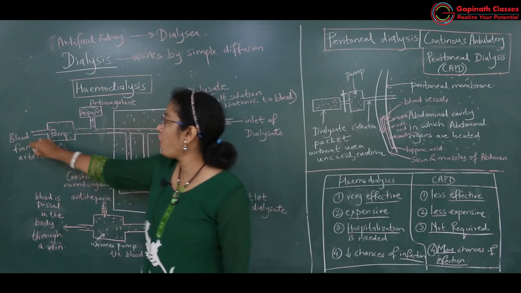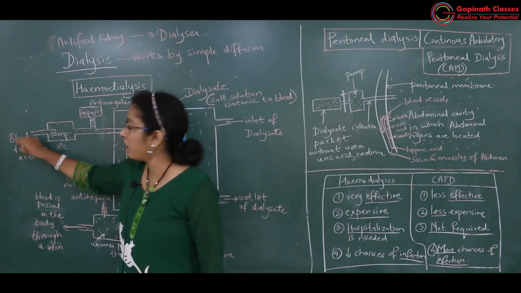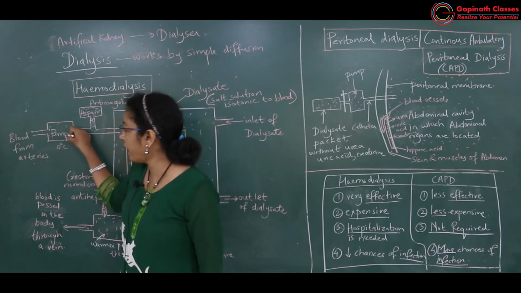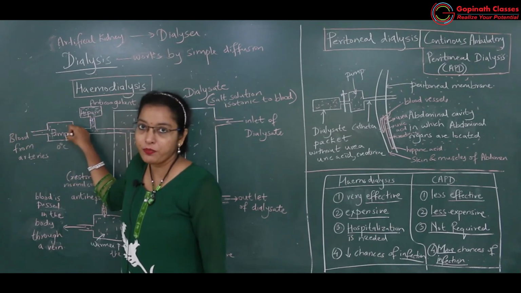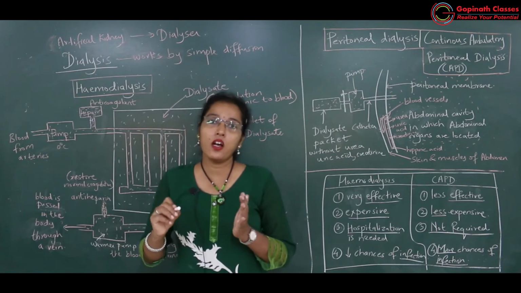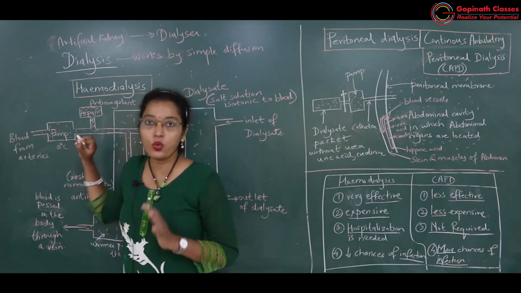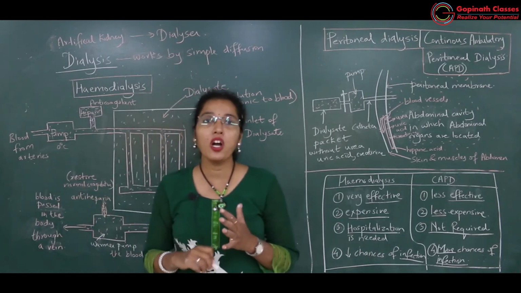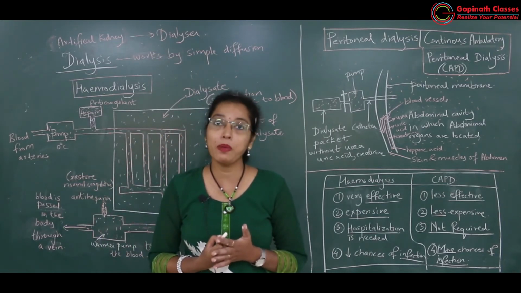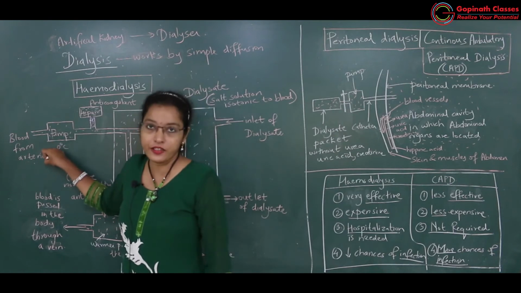Through the radial artery the blood will enter the pump, and this pump has a temperature of 0 degrees Celsius. Why 0 degrees Celsius? To avoid contamination of the blood coming from the arteries.